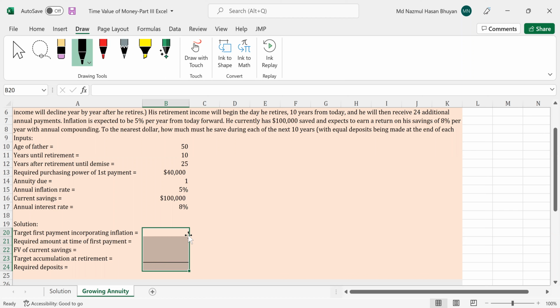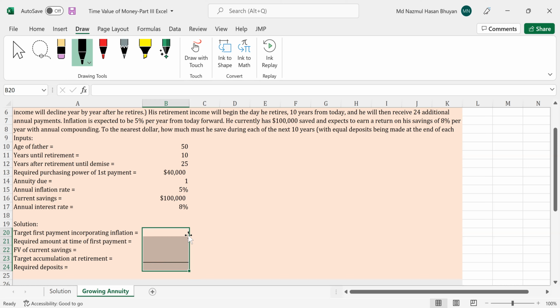And then he also has $100,000 current savings, and then the current interest rate is now 8%. Question is, to the nearest dollar, how much must he save during each of the next 10 years so that he can get his expected retirement income?